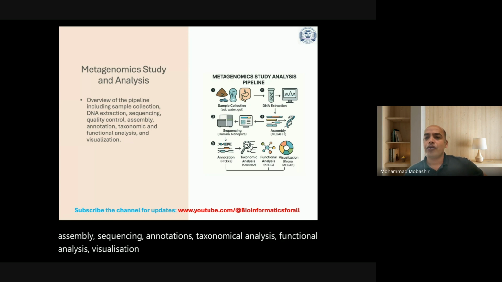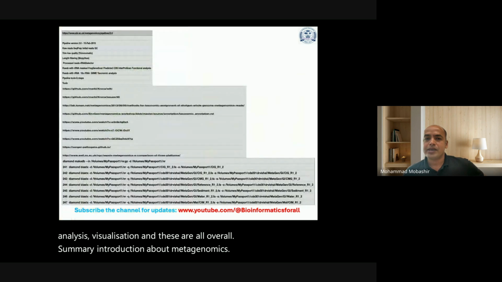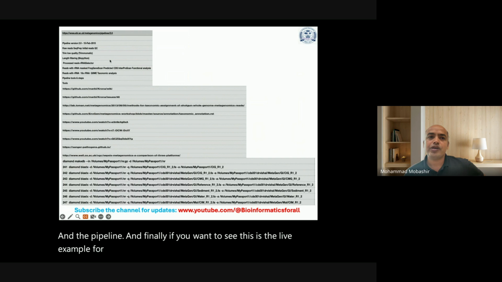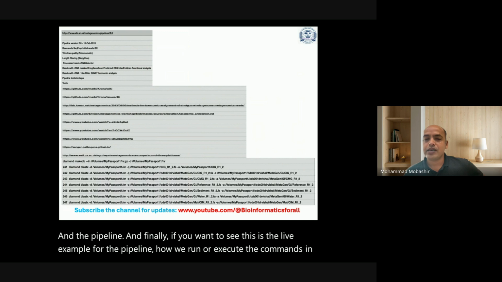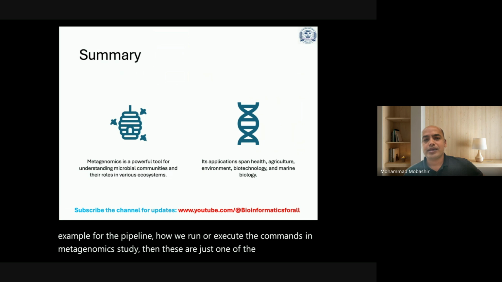And this is the overall summary and introduction about metagenomics and the pipeline. And finally, if you want to see, this is the live example of the pipeline, how we run or execute the commands in a metagenomics study. These are just an overview, and that's it.